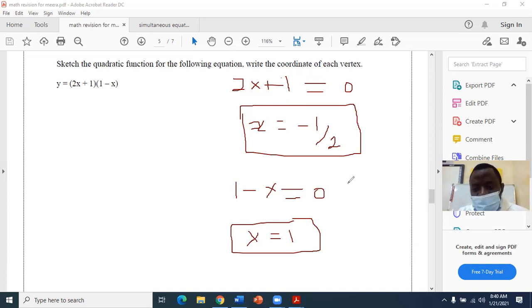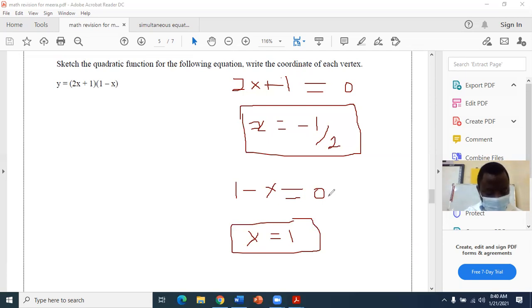Now, the next thing I want to know is the middle point, right? Because when you are drawing a quadratic graph, you need a turning point. So what is my turning point? Now, I will add these two together: minus half plus 1, then divide by 2.